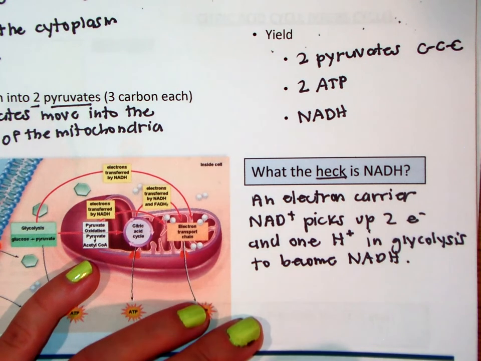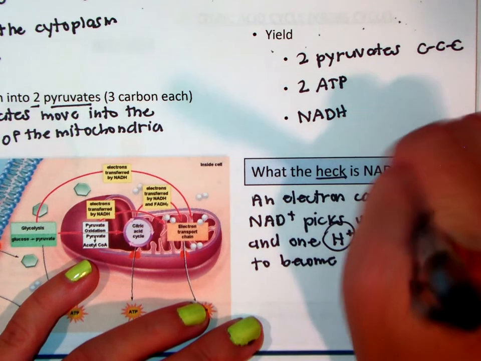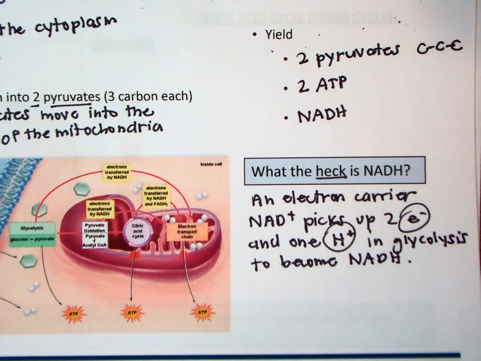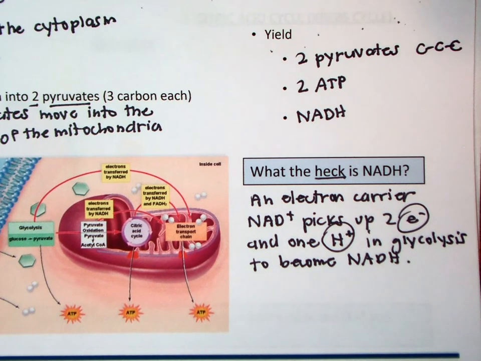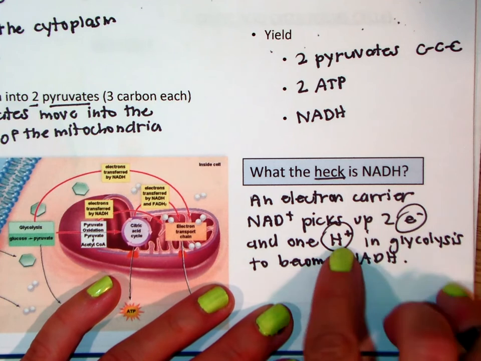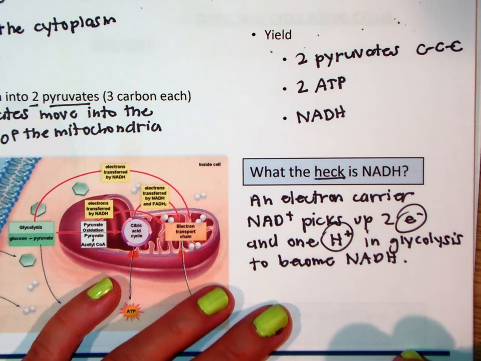NADH will later dump off this hydrogen and electrons that it picked up to help make ATP. So right now you're probably thinking, why does this matter? It matters. And you're going to see when we get to the last step, the electron transport chain, that this NADH carrying these protons and electrons are going to become very important.